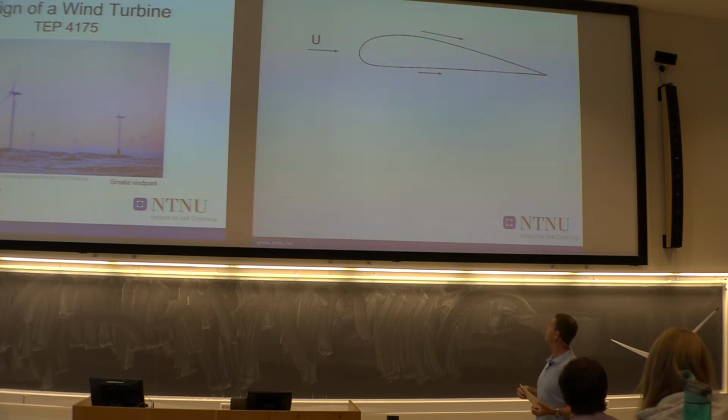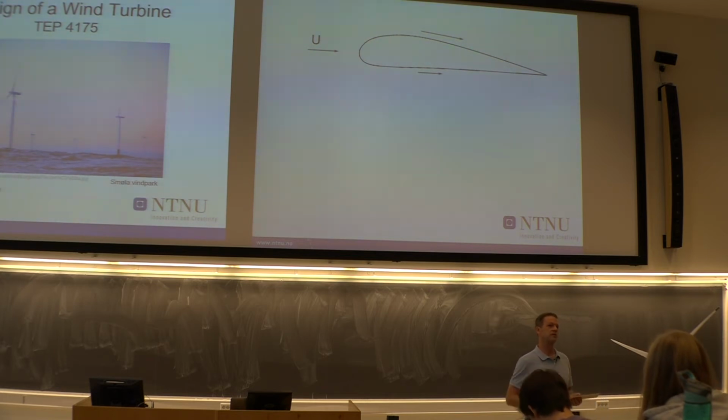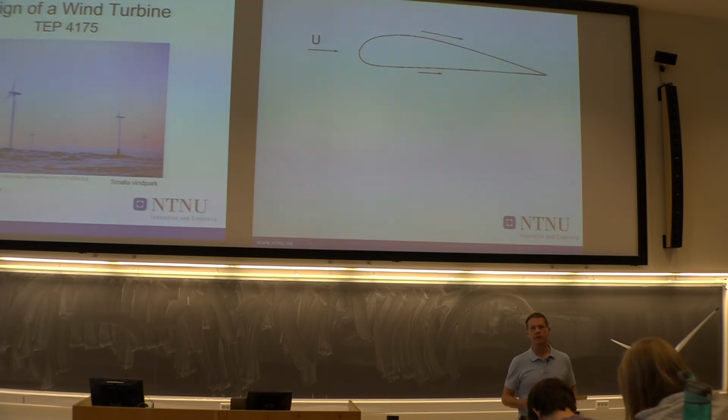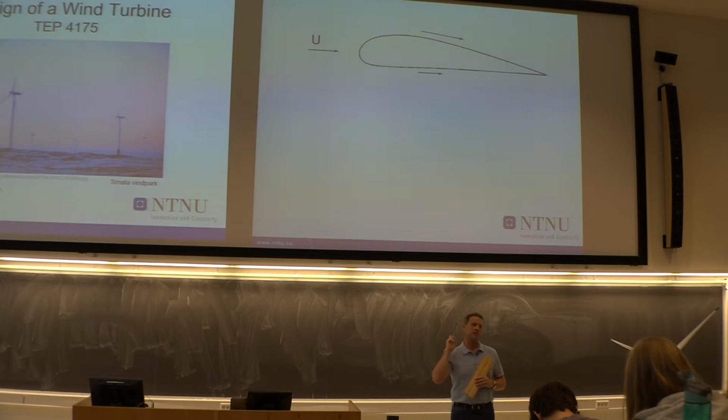So the upper one has a longer distance to go. So it has to increase its velocity in order to meet the other one at the trailing edge at the same time. Meaning it has a higher kinetic energy, which means that the pressure has been lowered compared to the one that is moving along the lower shape of the blade. So that means this blade will have a higher pressure at the bottom than at the top.